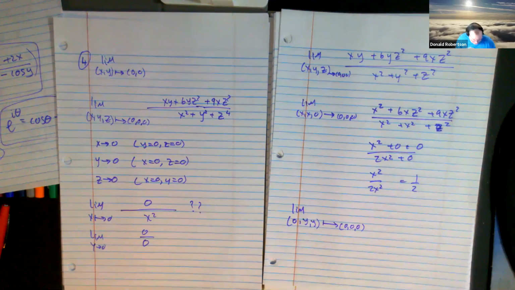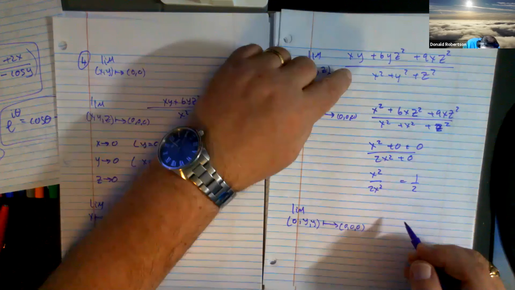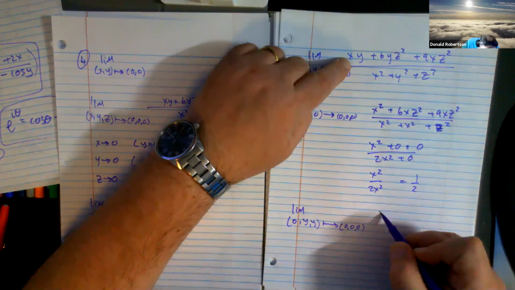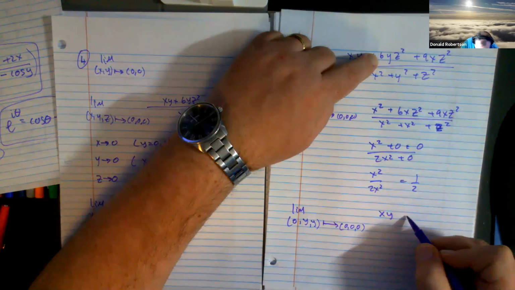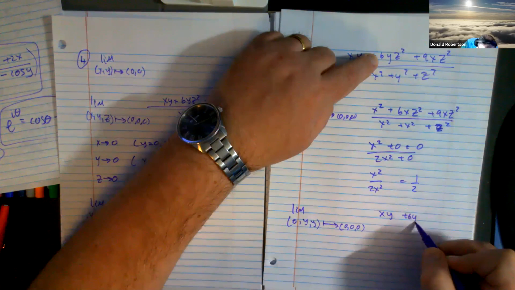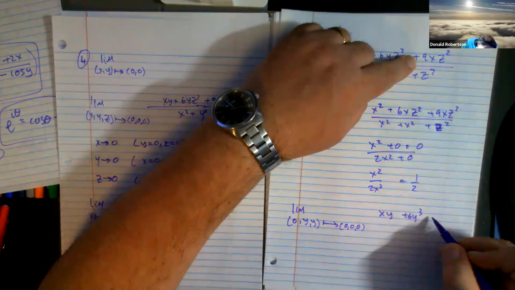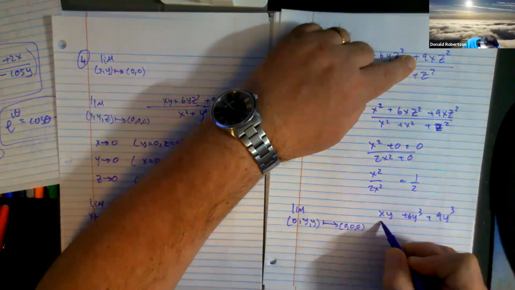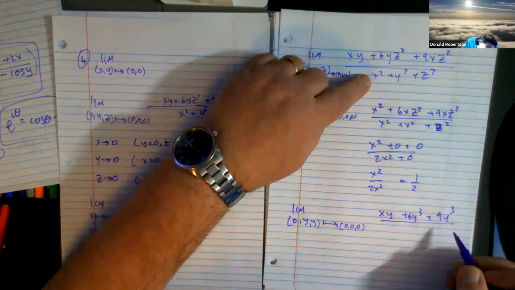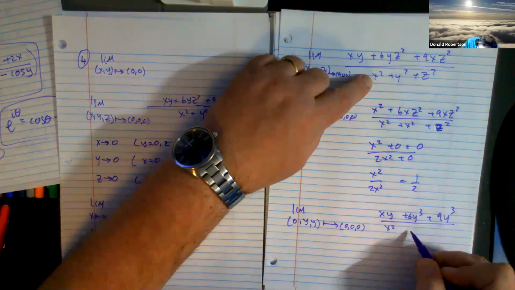What would that look like? You'd get x, y. You'd get 6y, y squared, which is 6y cubed. And you'd get 9y, y squared, which would be 9y cubed. And on the bottom, you would get x squared, y squared, plus y squared.